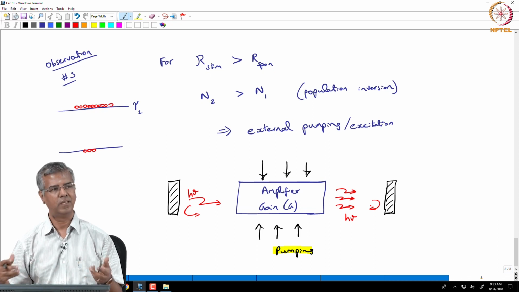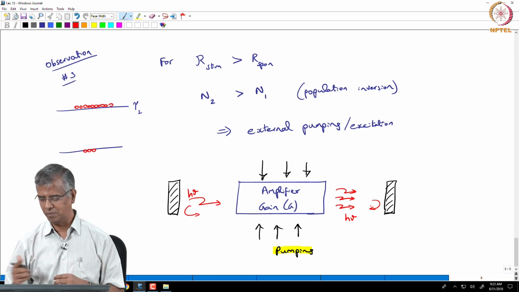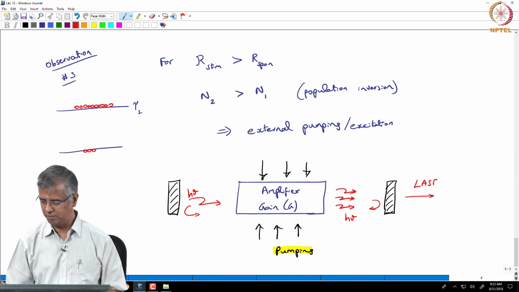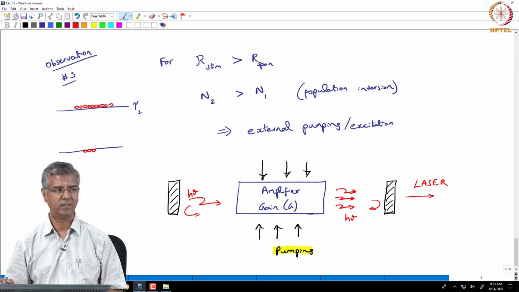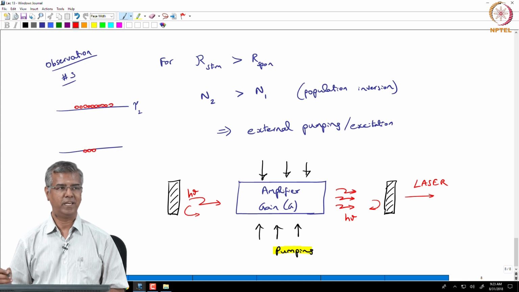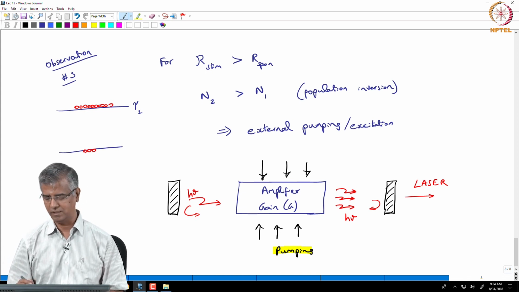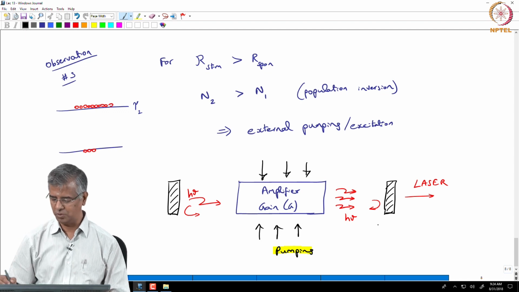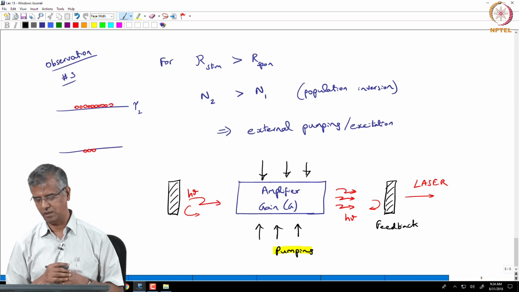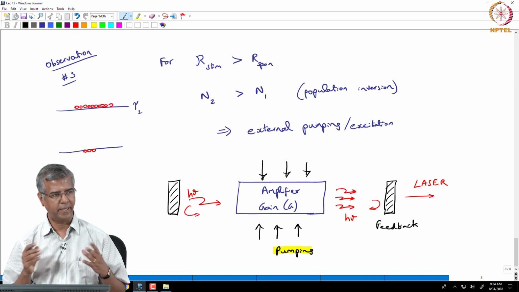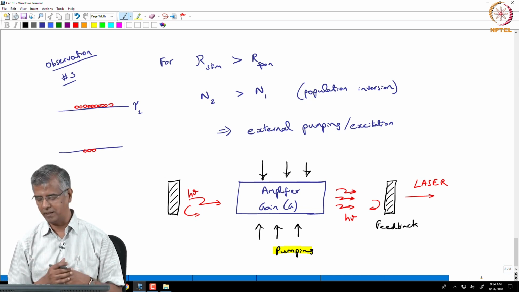So, you are going to have stimulated emission, and through that you have a laser. A laser is an acronym for light amplification by stimulated emission of radiation. So, this feedback that you provide through a set of mirrors is one configuration that can take an amplifier and make a laser out of that.